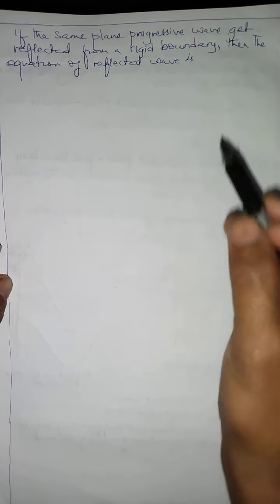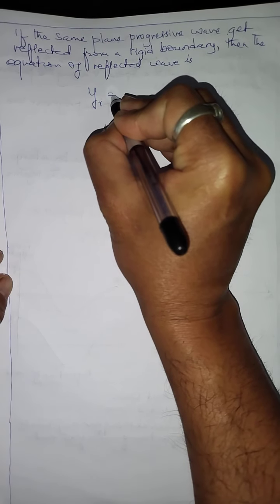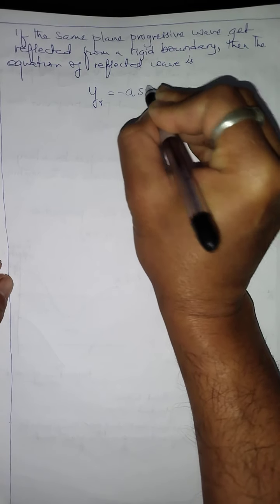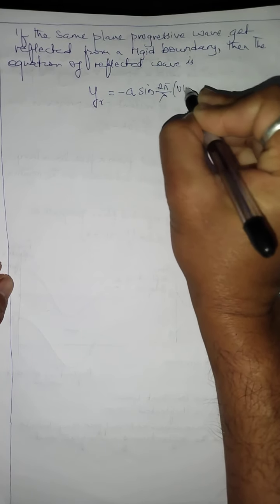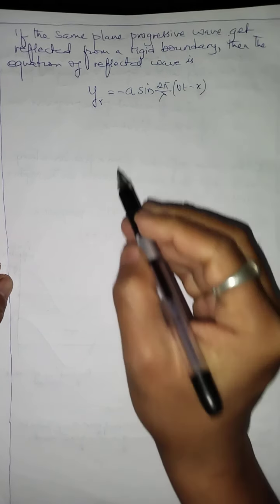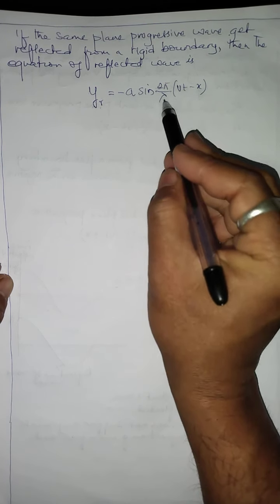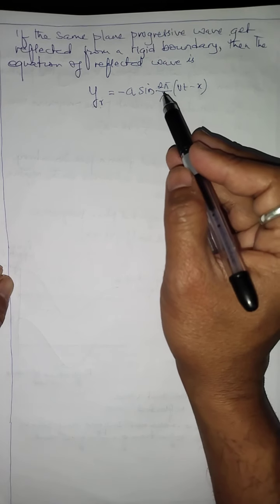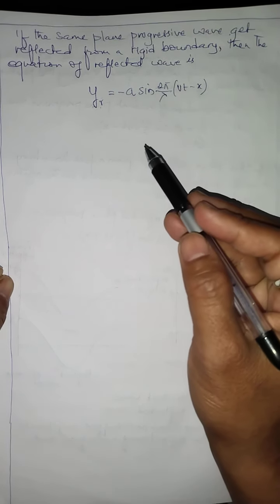Then the equation of the reflected wave is yr equals minus a sine 2π/λ (vt − x). Look at the equation: yr equals minus a sine 2π/λ (vt − x). This is the reflected plane progressive wave reflected from the rigid boundary.